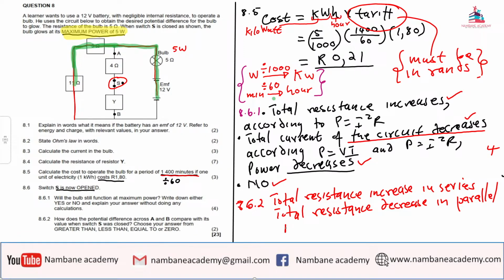One will easily say R is equal to V over I. So if R is smaller, it means V is also smaller.